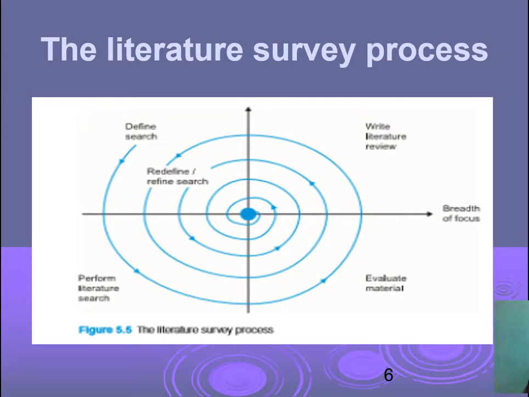So the process starts like this. You define the area with regard to the specialization of your study. After you define that, you are going to search for the literatures. So where to search this literature is another task. We are going to discuss in detail about that. Then after you do a search, evaluate the worthiness of the material that you have collected.